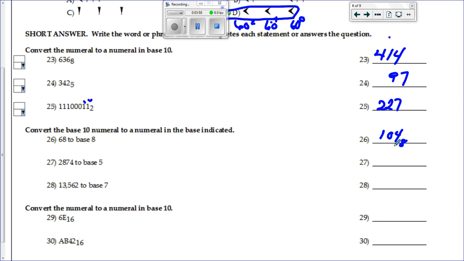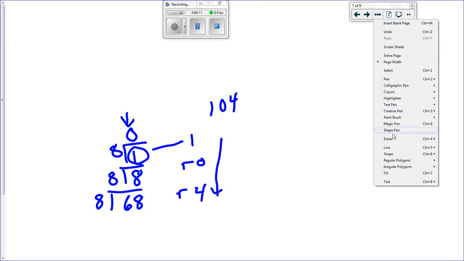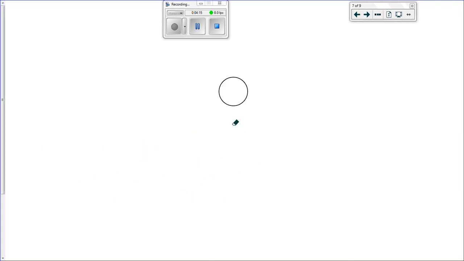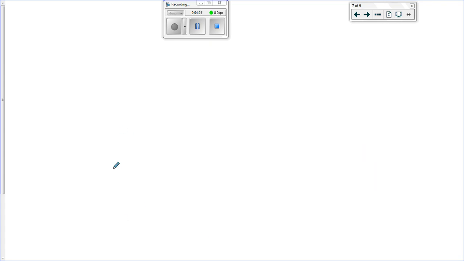Okay, so now we're going to do 2,874 into base 5. So 2,874 into base 5, which means that's what I'm dividing by.